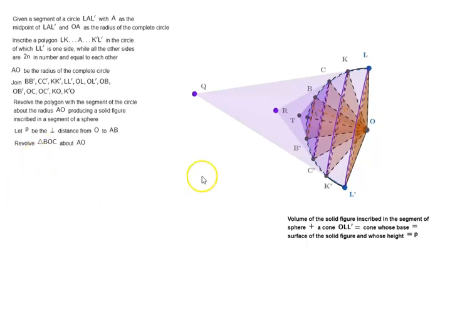Let's revolve triangle BOC about AO. Similarly, revolve COK about AO. And again, KOL about AO. So again, let me demonstrate this to you so that you get an idea.